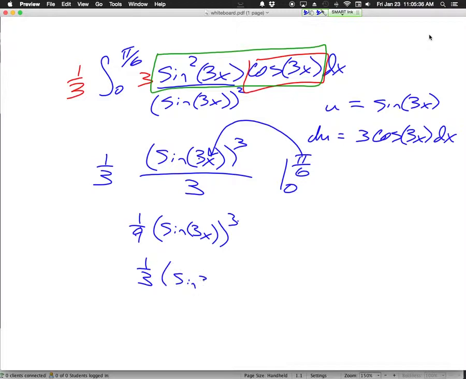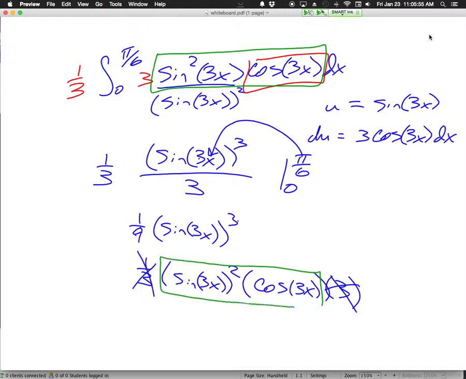It's now sine of 3x, parentheses squared. I need the derivative of sine, which is cosine, and I need the derivative of 3x, which is 3. So the 1/3 and the 3 cancel. And you will notice that this is exactly what I started with. So that tells you we integrated correctly.